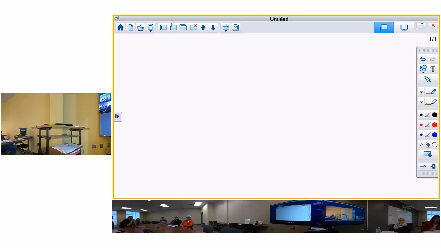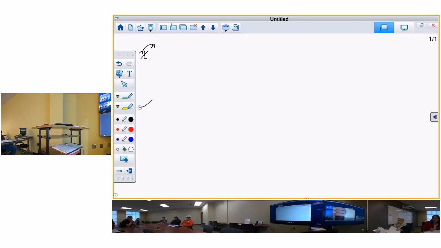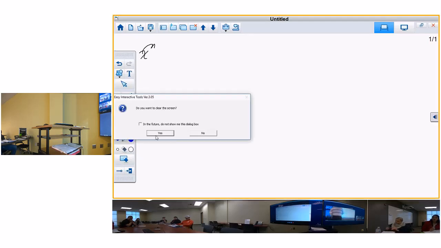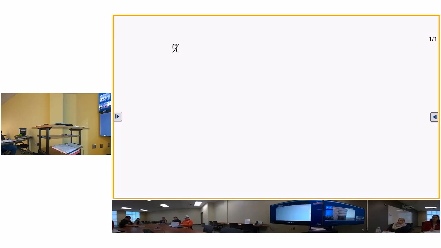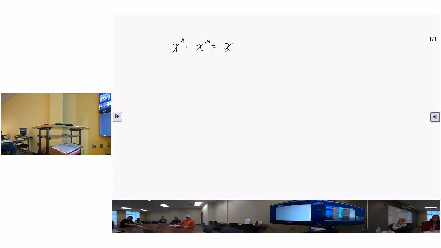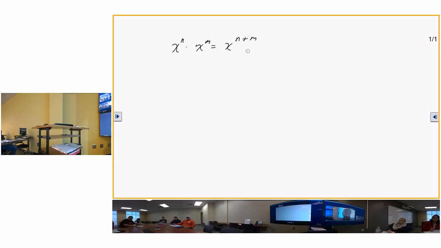Now, all of us know our exponential laws. We know that our laws of exponents are as follows. Okay, let's try this again. x to the n times x to the m is equal to x to the n plus m. That is the product rule.